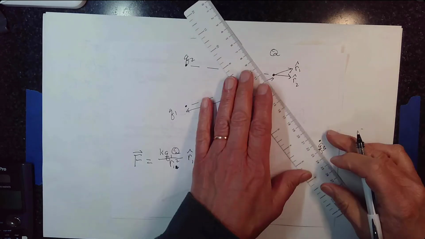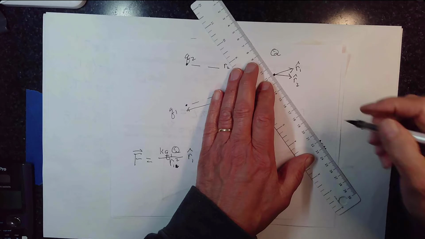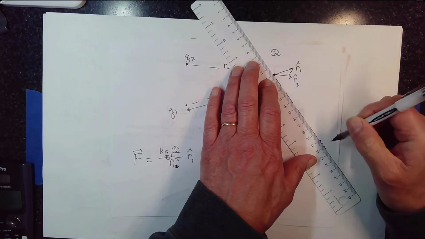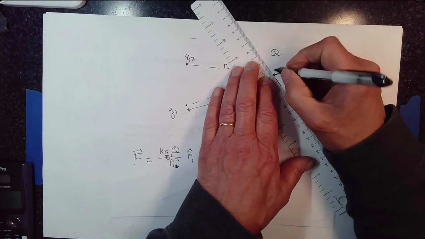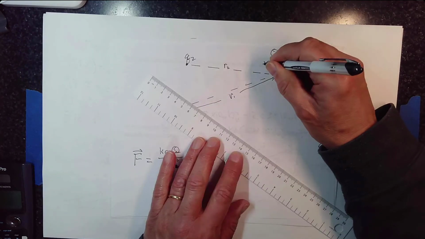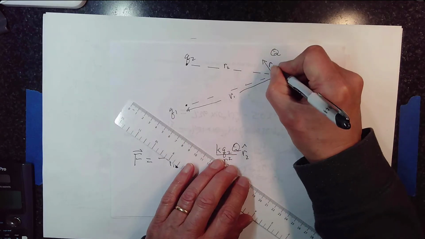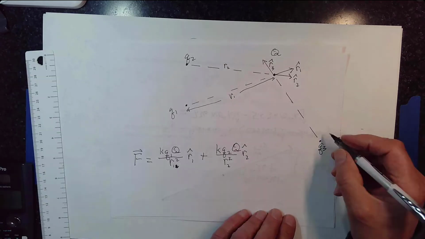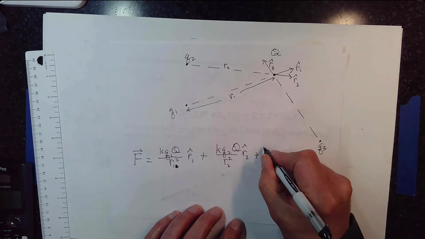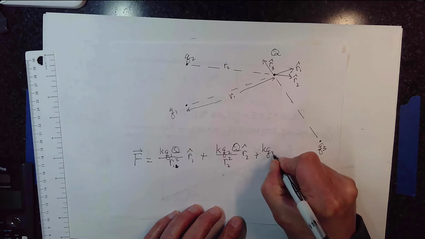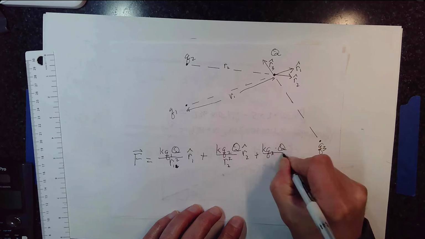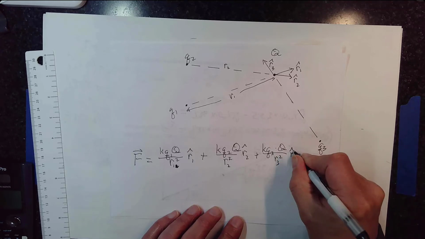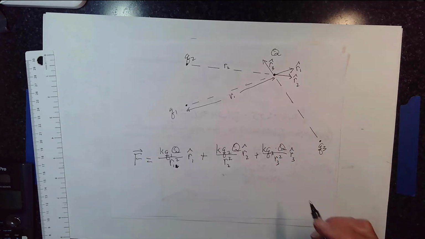I'll have an R3, the distance between charge 3 and charge Q, and I'll have an R3 hat here that has to get added on to those other charges. So this will look like k Q3 times Q over R3 squared and R3 hat. And in general, I'll just have to keep going.